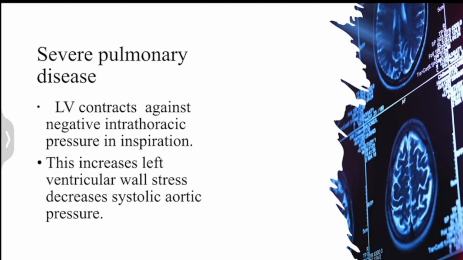And also this will be transferred to the aorta. So both contribute to a decrease in the systolic pressure in the aorta. So the major contributor in severe pulmonary disease like acute exacerbation of bronchial asthma and COPD is the action on the pulmonary vasculature and also the negative pressure effect on the left ventricle and aorta.